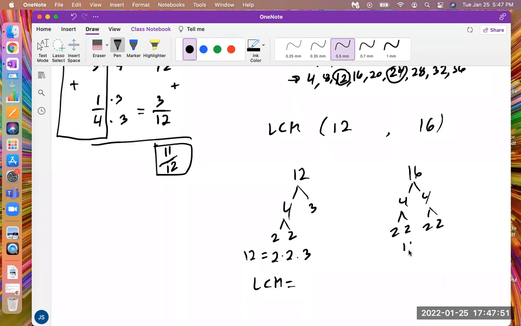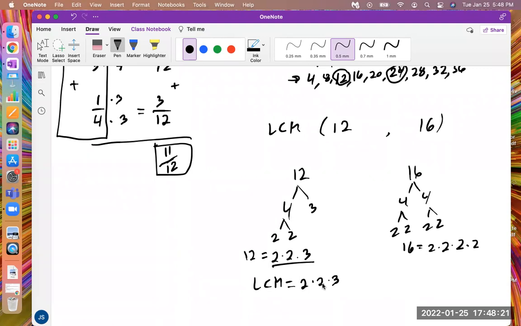And it must contain all the factors of 16 as well. So the first thing I do when I'm doing the LCM is I go to my first number and write down all the factors of my first number: 2 times 2 times 3. And that's just a fact. If I want this number to be a multiple of 12, it's got to contain the prime factors of 12. That's the big takeaway that I want you to remember.